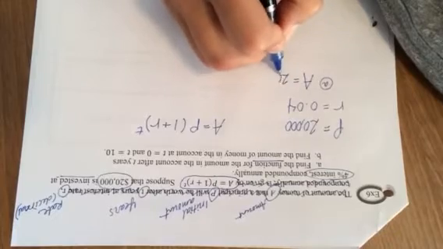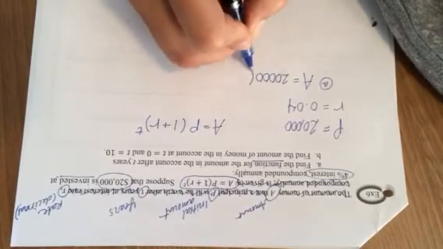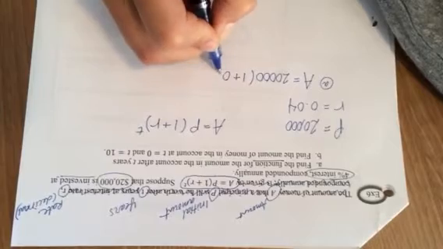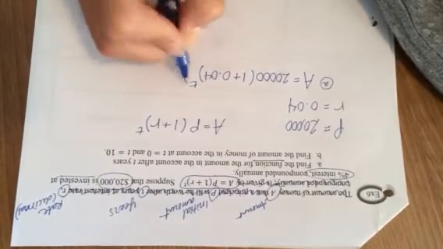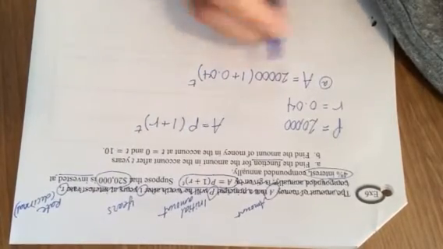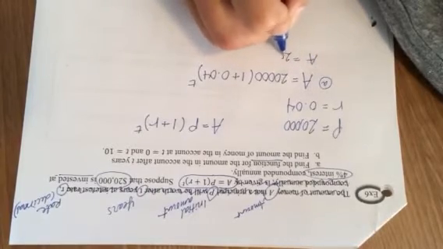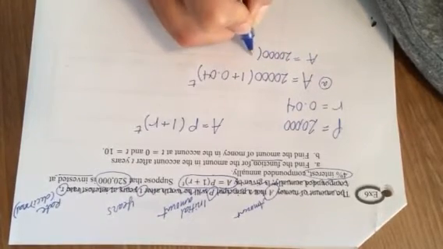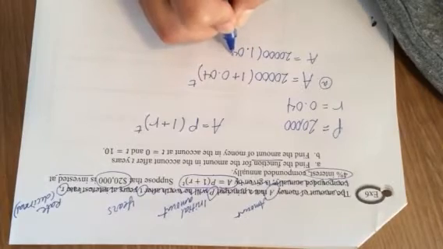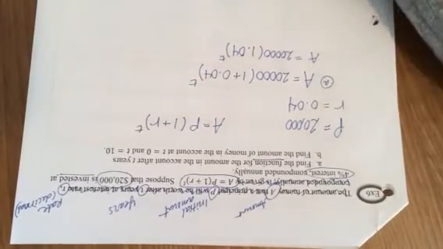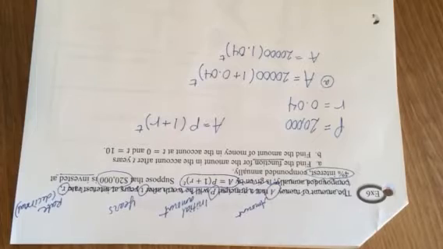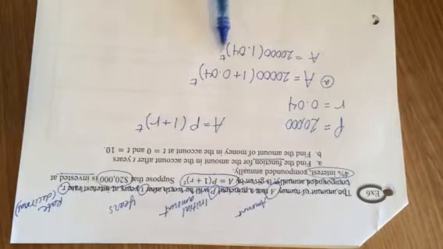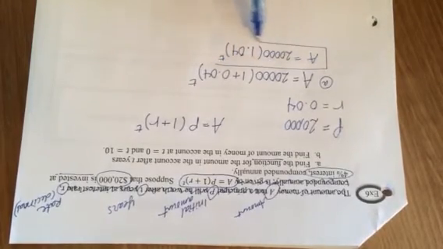A equals 20,000 times (1 plus 0.04) to the exponent of T. I can simplify that in the parentheses to be 20,000 times 1.04 to the T. Is it true that I have two variables? Yes, I have my input variable, which is time T, and my output variable, which is the amount A. Therefore, this is my function.